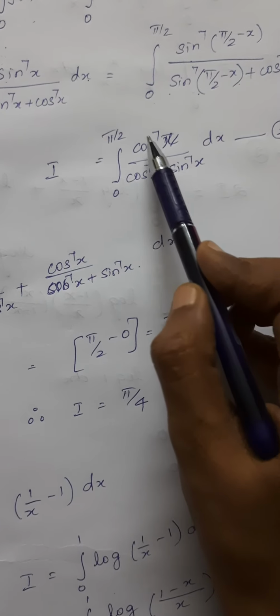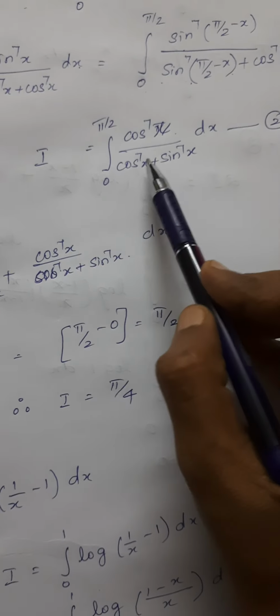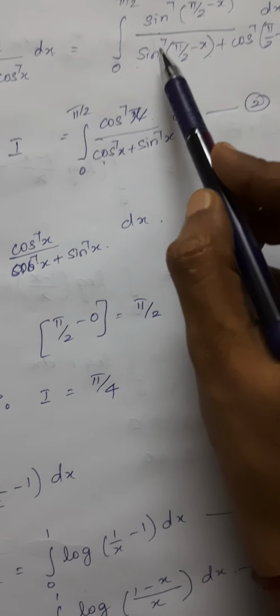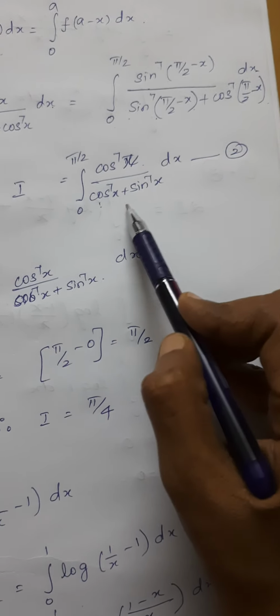Sin of pi by 2 minus x and cos of pi by 2 minus x will interchange. Sin of 90 minus theta becomes cos theta, and cos of 90 minus theta becomes sin theta.